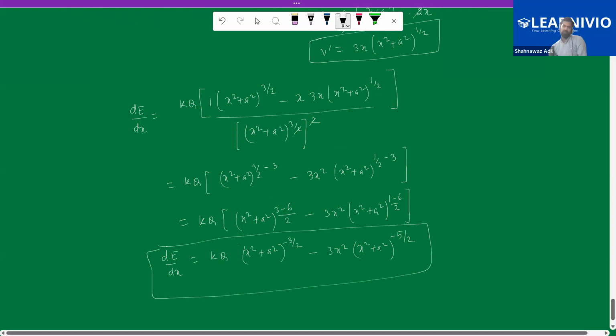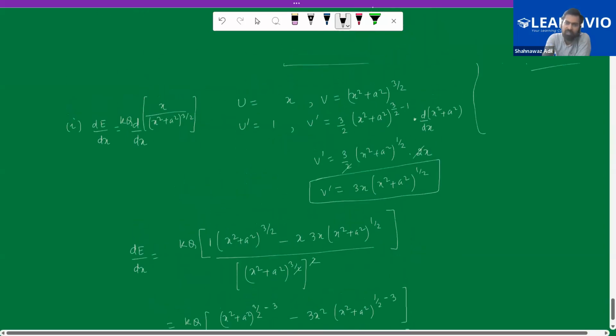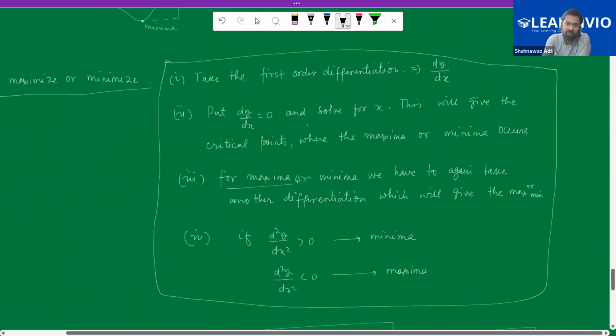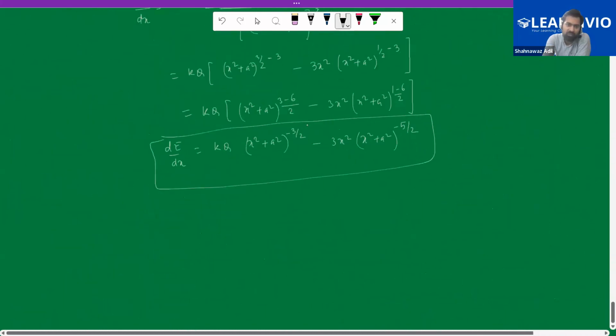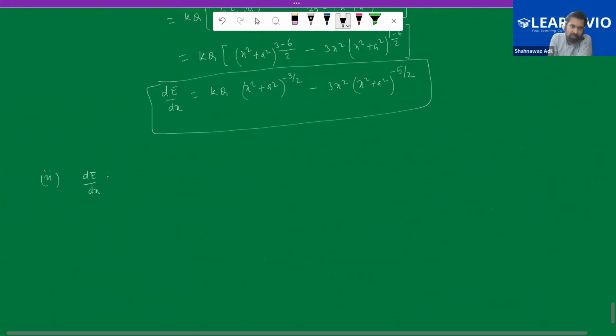Yes, sir. Okay, so now the second step, right? The second step is we have to put it equal to 0. So we have to put dE/dx equals 0. So follow the second step: dE/dx equals 0. This will give us the critical point, right?